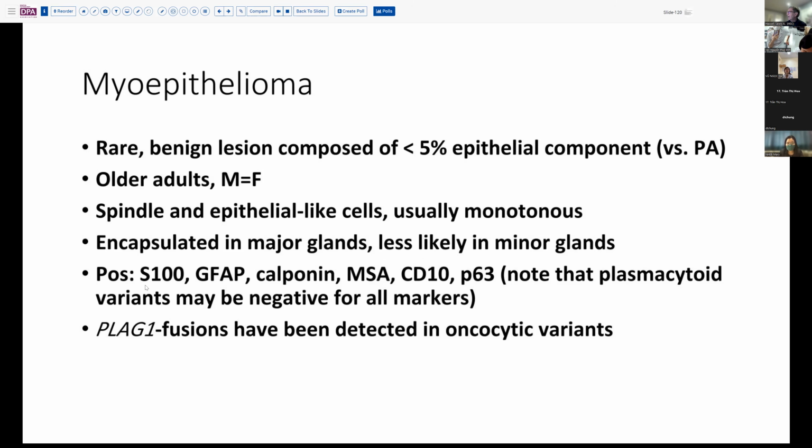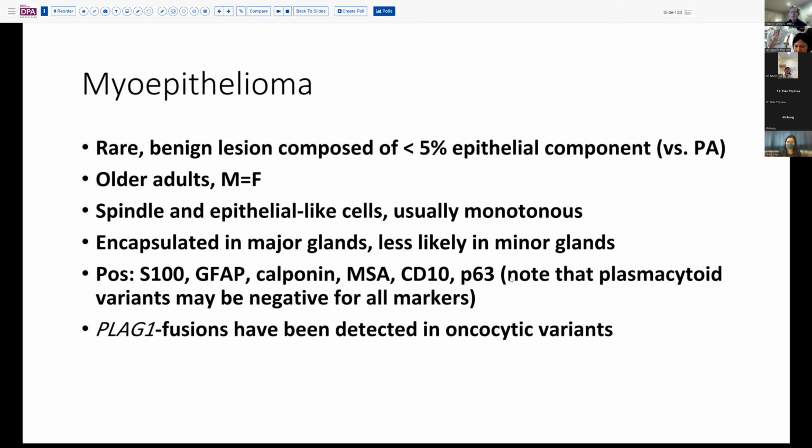Now, the markers that are available to use as myoepithelial markers include S100, GFAP, so something we don't usually think of with epithelial tumors, calponin, muscle-specific actin, P63, and CD10, less specific than these other markers.